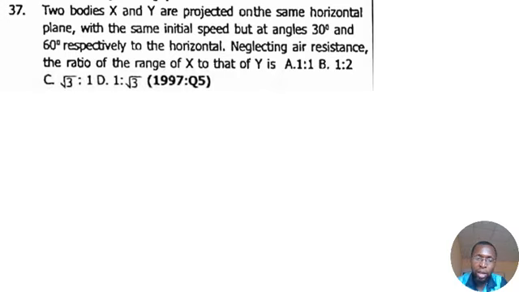Neglecting air resistance, the ratio of the range of X to that of Y is option A, 1:1, option B, 1:2, option C, 3:1, option D, 1:3. So this is similar to one of the questions we solved. I will leave this to you to attempt and see if you're able to get the correct answer.